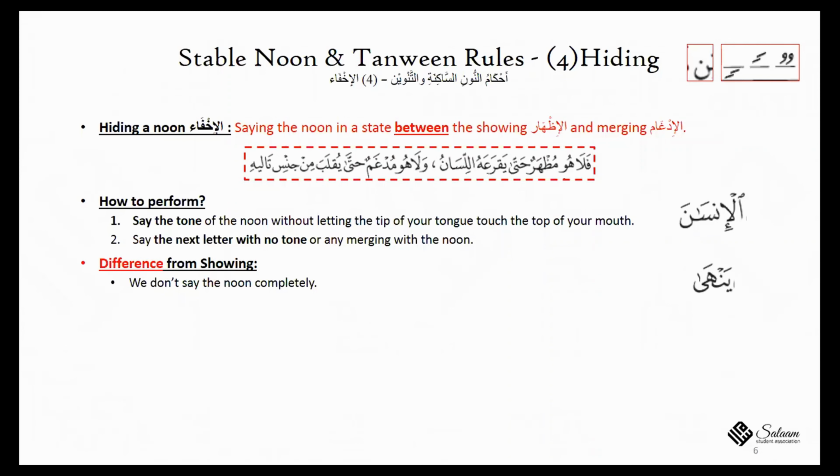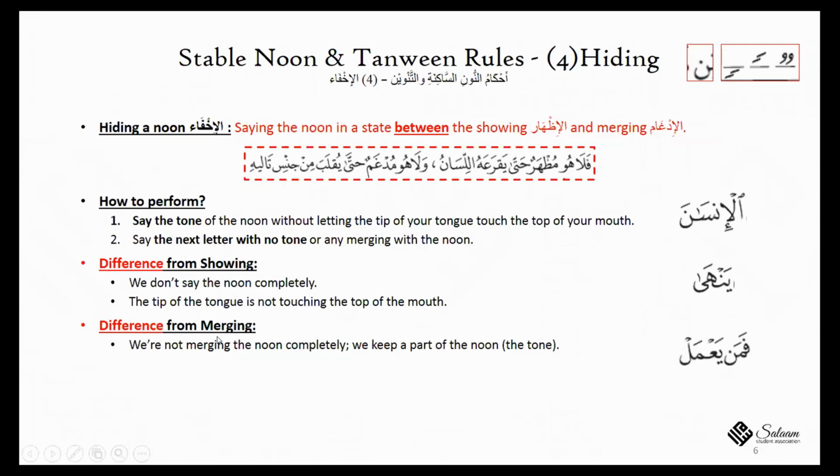If you say yanha, then your tongue will touch the top of the mouth and you say the noon completely. This is idhar. So here it is not showing and not merging. Why? Because we are not merging the noon completely. We are keeping a part of the noon alive and saying it, which is the tone.